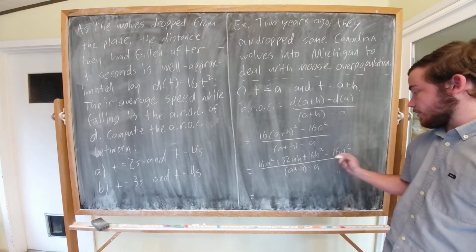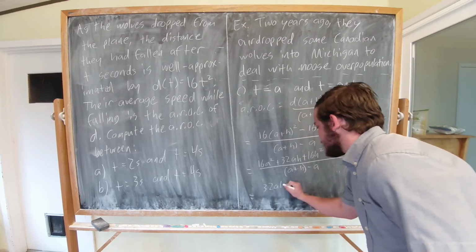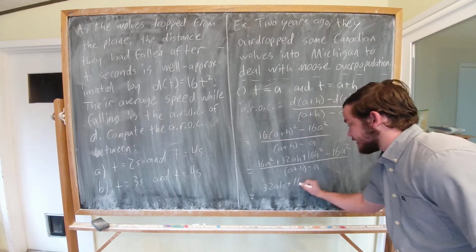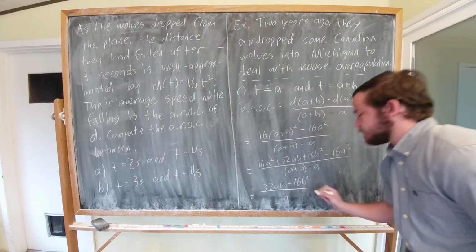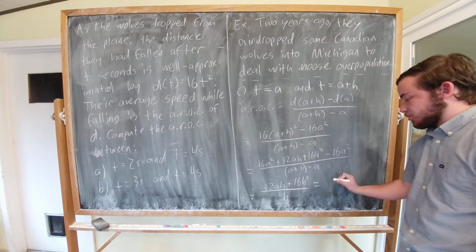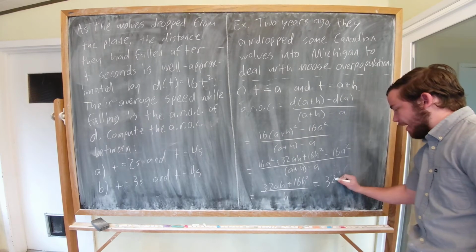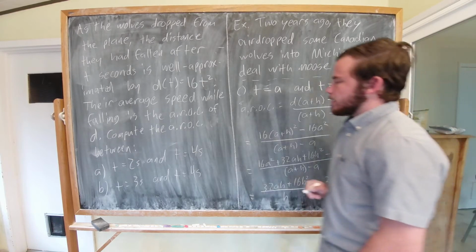Merging like terms in the numerator, the 16a squareds cancel out, and we're left with 32ah plus 16h squared divided by just h on the bottom. The h's can cancel out, and we're left with 32a plus 16h.